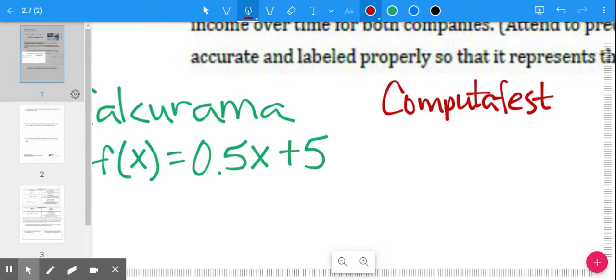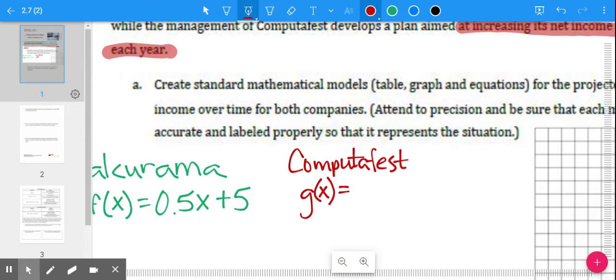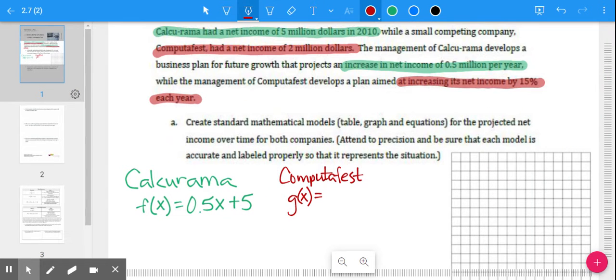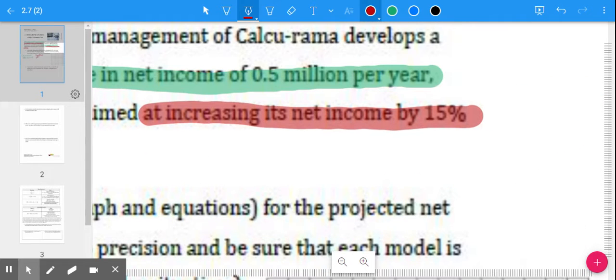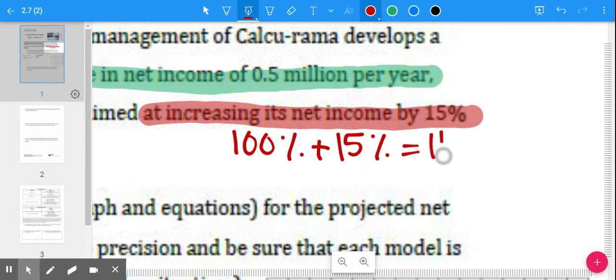And we'll call this g of x. So ComputerFest started with 2 million and is increasing by 15%. So remember, when we use these percentages, they get to keep 100% of their current money plus 15 extra percent, which gives them 115% of their amount each year.